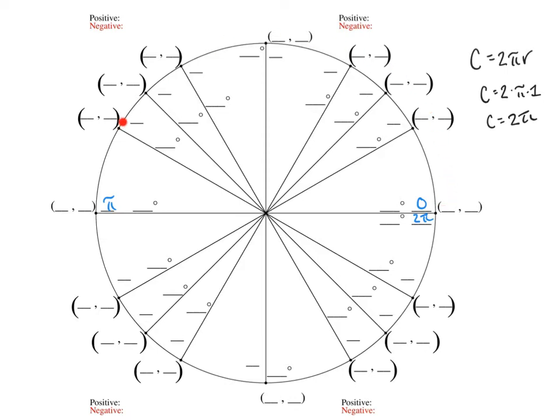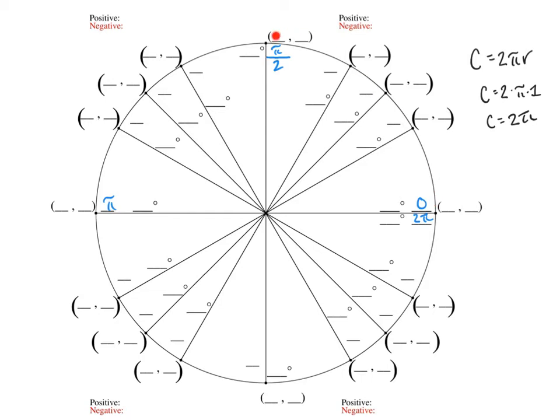So let's just focus on this first half of our circle, or this semicircle. If we took this semicircle and we cut that in half, then right here we're going to have pi over 2. So we can see that each quarter of the circle is going to be pi over 2, or half of pi.